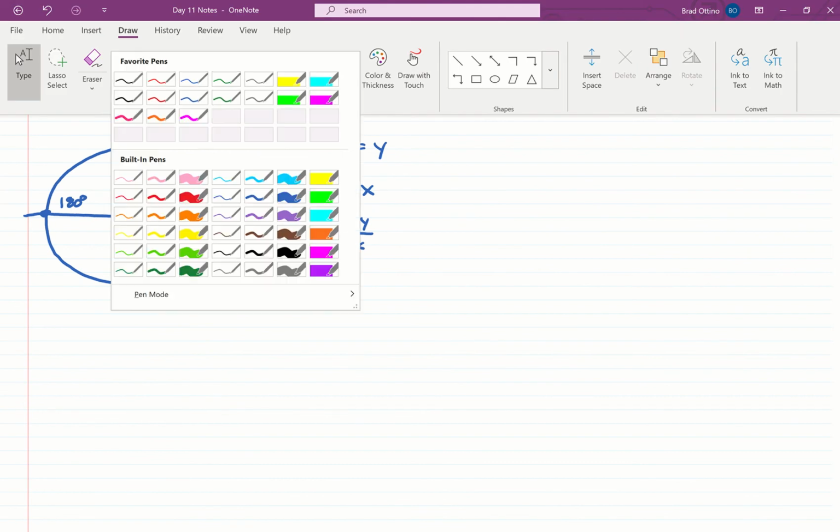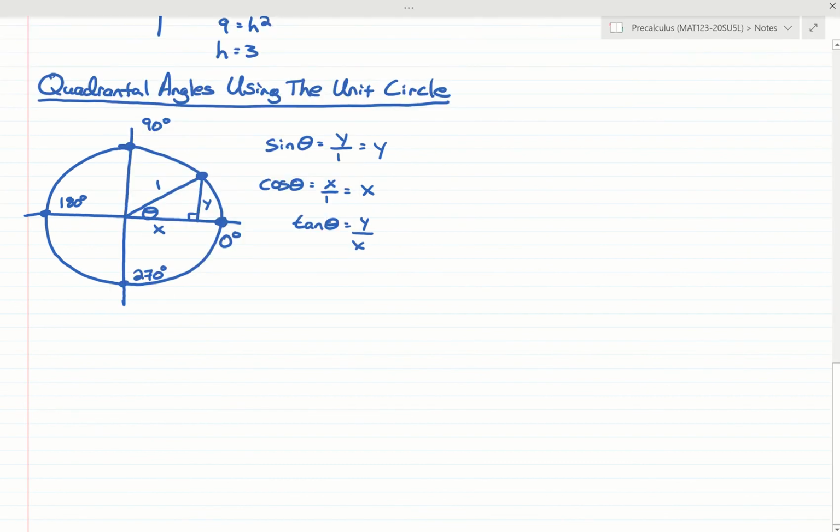So a point at 0 degrees would have the coordinates 1, 0. At 90 degrees, if it's 1 unit from the origin, we're going to draw a point 0, 1. 180 would have the value negative 1, 0. 270, one unit away from the origin, would be 0, negative 1.